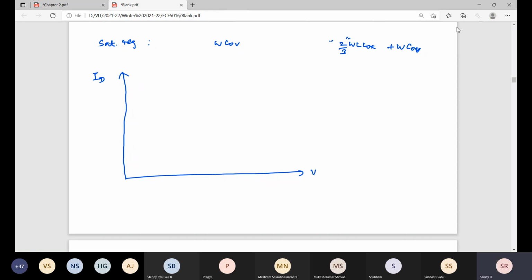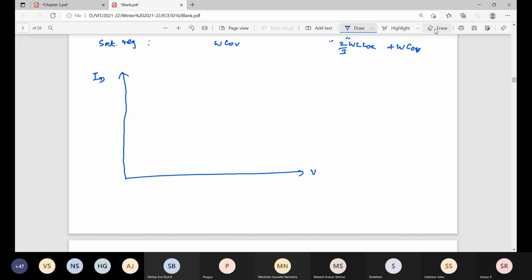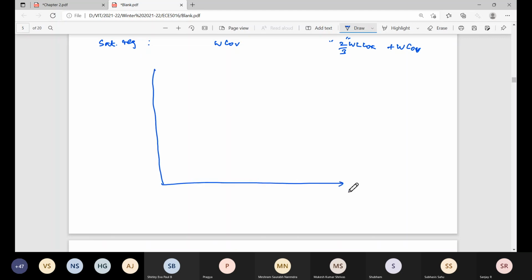Okay, fine. ID versus VGS. How will the curve look? It will look like this. After the threshold voltage, it will be on.